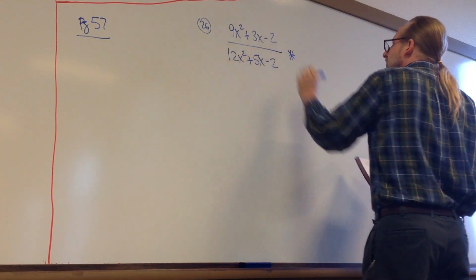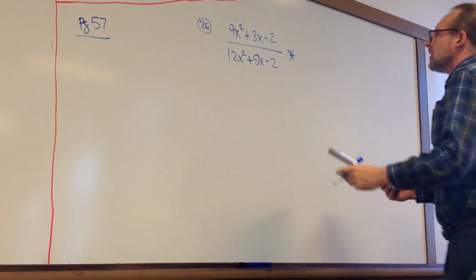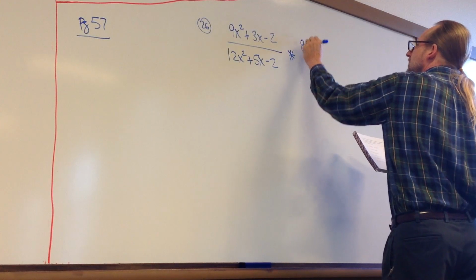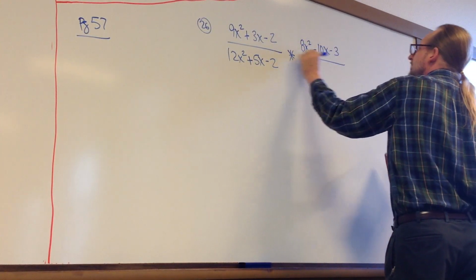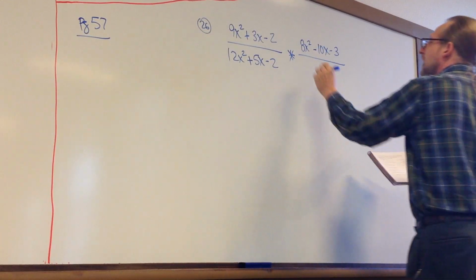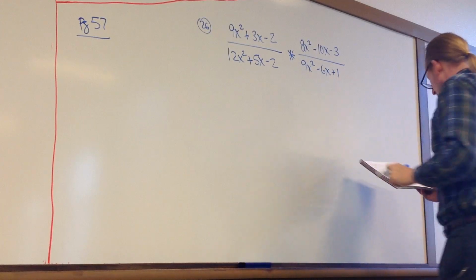And then again, I'm going to rewrite this as multiplication by the reciprocal. So this will be 8x squared minus 10x minus 3 on top, and then 9x squared minus 6x plus 1 on the bottom.